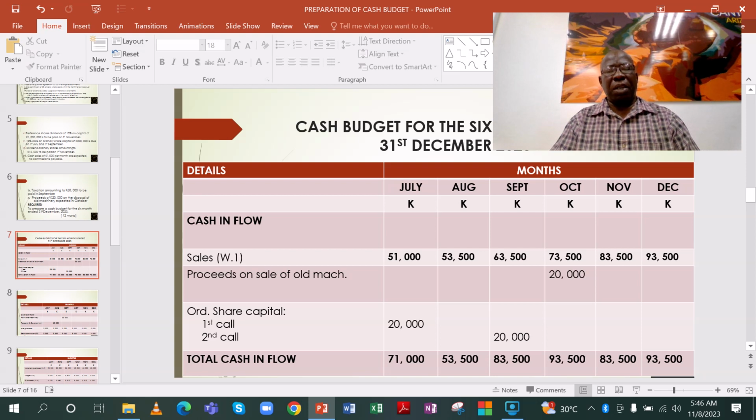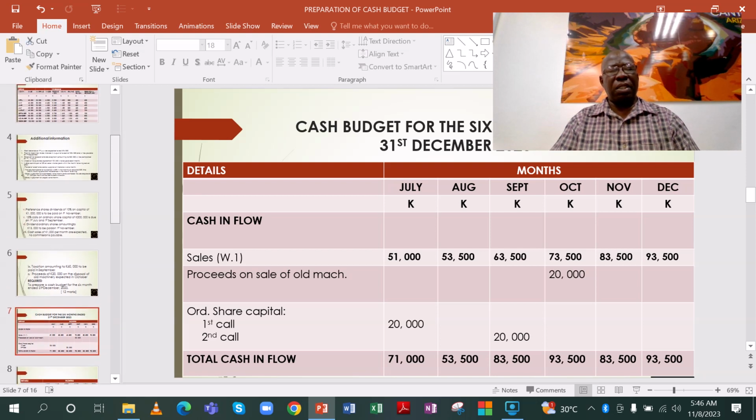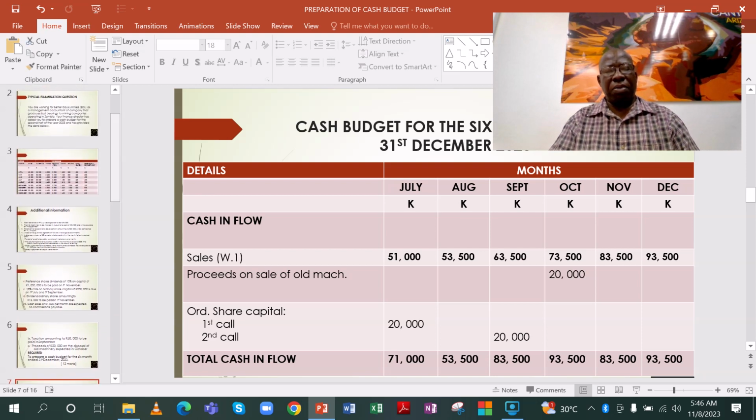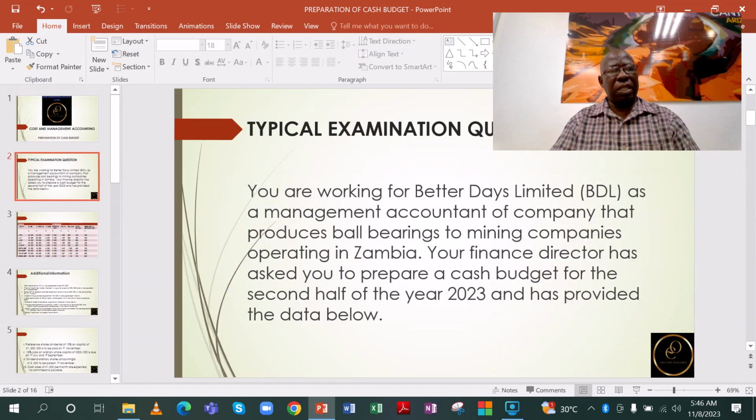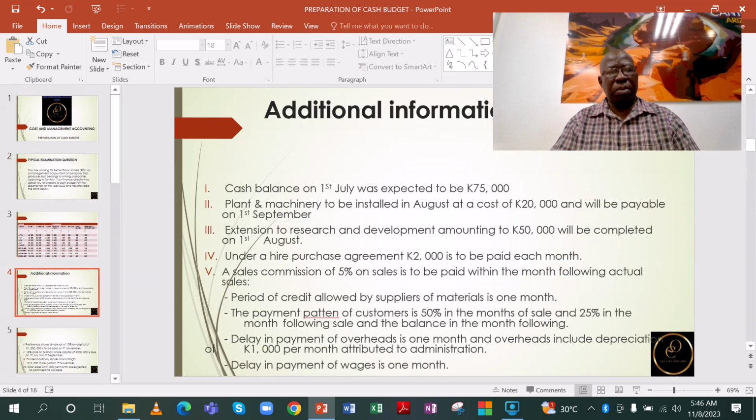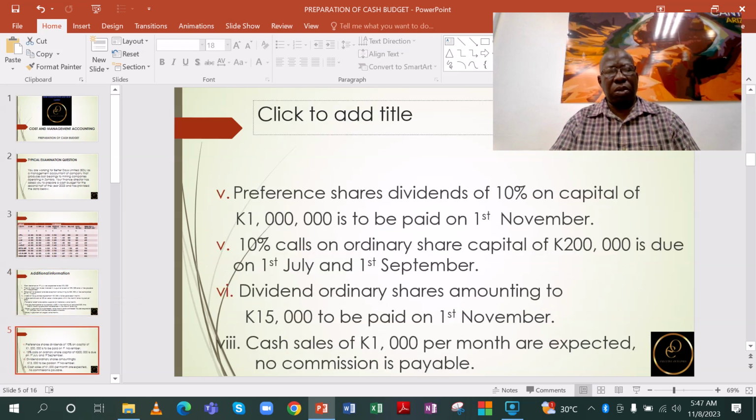Then in this particular question, we are again advised that we have proceeds from sale of old machinery. Under the note, there were proceeds of sale from old machinery, plant machinery to be installed in August.